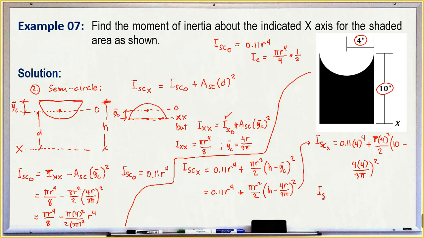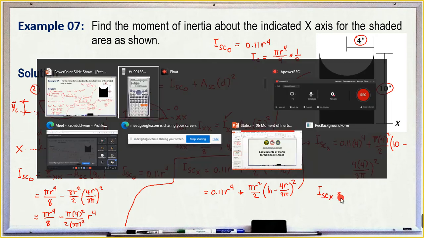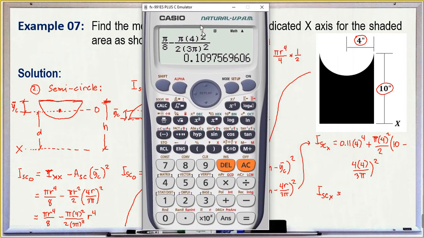So our moment of inertia of our semicircle along the x-axis, let's compute. We have 0.11, our radius is 4 raised to the fourth power, plus the area of our semicircle, so pi r squared divided by 2 since it is a semicircle, times the height 10 minus the centroid, so 4 times 4 over 3 shift pi, then take the square.